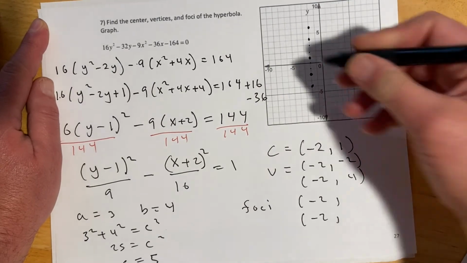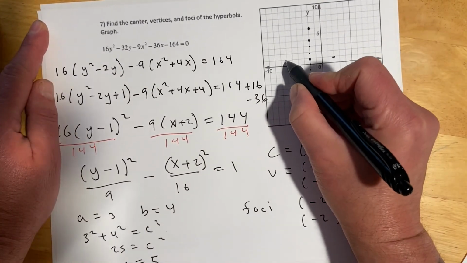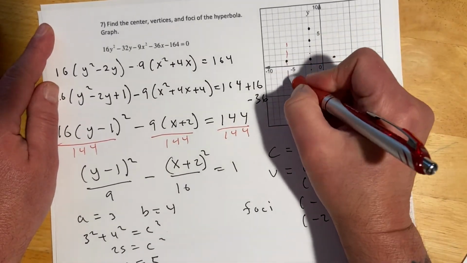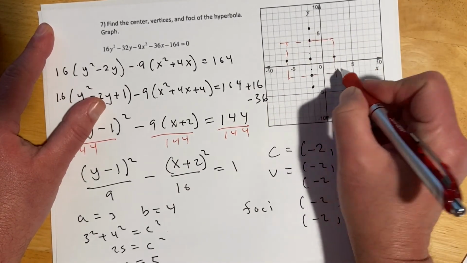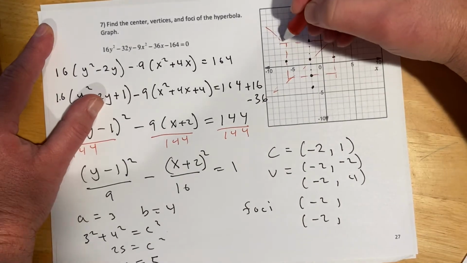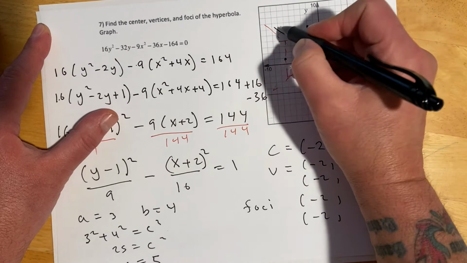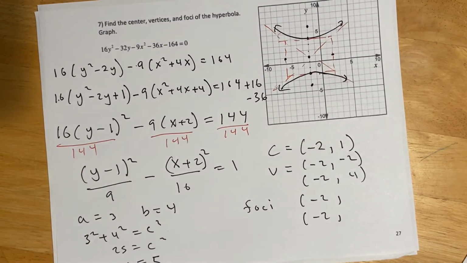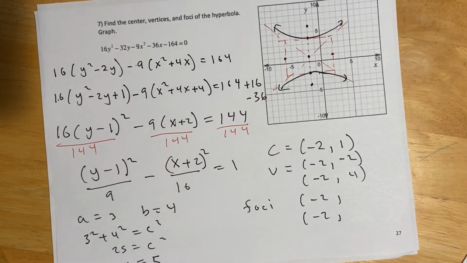And really what we're doing here, let me draw on the B side of this just so I can get the graph finished and out of the way. Okay, so the graph would look something like that.